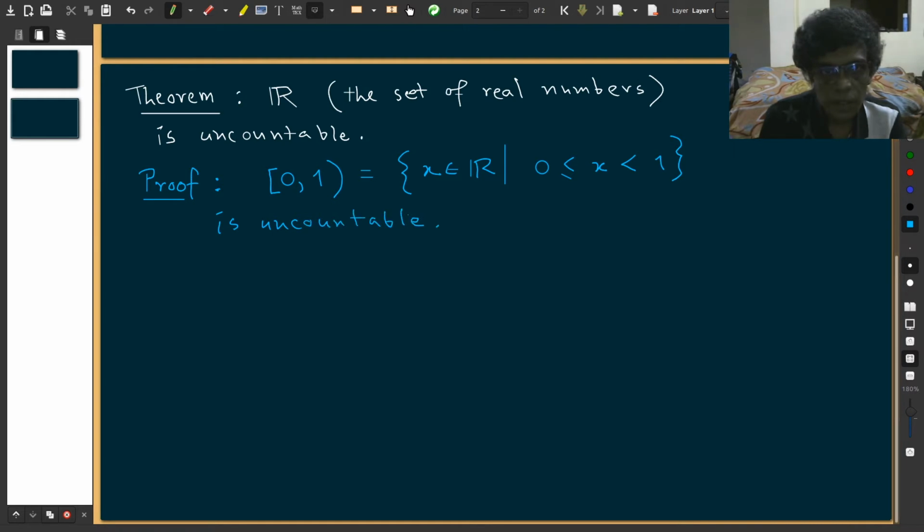Why does it establish the uncountability of R? If R is countable, then any subset of a countable set is countable. So if this is uncountable, R cannot be countable. Okay. So these are essentially proper fractions.